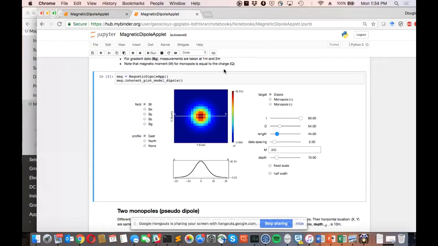We're at 10 meters depth, and now we've got 42. So our data is equal to 42. Now if we make it 5 meters, we've got a factor of 8, which is what, 336 or something?